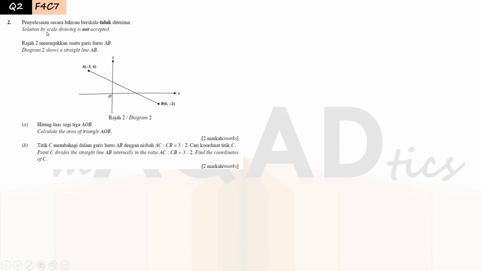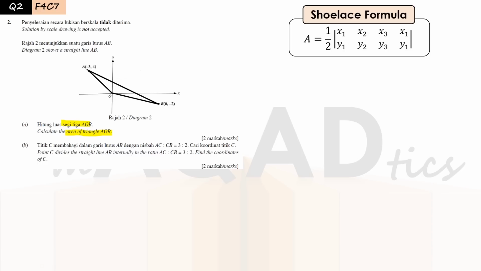For our next question, going into coordinate geometry, in part A we need to find the area of triangle AOB, which is technically this one. To find areas in the x and y axis plane, we are going to use this shoelace formula to help us. Very simple, we just substitute the coordinates inside this formula, then we can get the area.